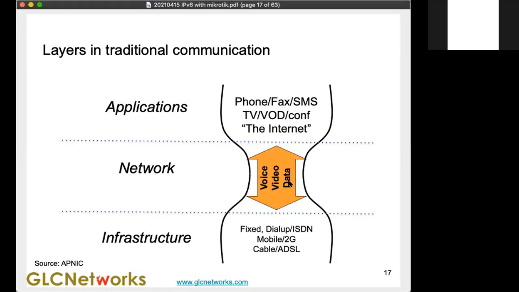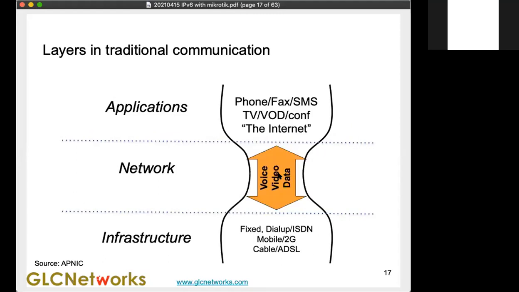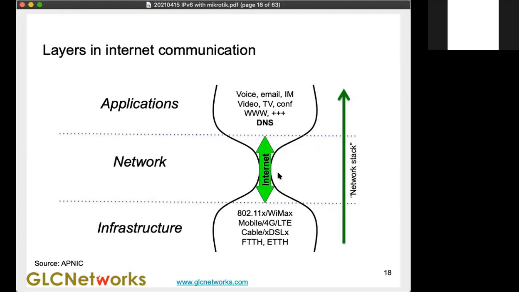A long time ago, the network for each technology had its own physical infrastructure. But after the internet, everything goes to the internet. There is no separate network for video, voice, or data. Everything is combined into one single network.